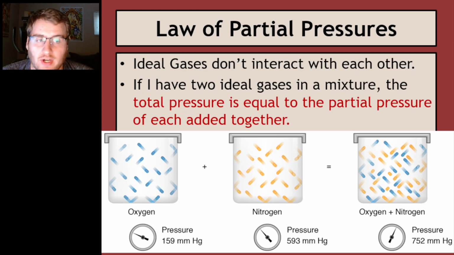Ideal gases don't interact with each other. If you have two ideal gases in a mixture, the total pressure is just equal to the partial pressure of each. And all that means is, if you have an example like this, I have some oxygen gas over here, and I have some nitrogen gas. If I just mix those together, you just add their pressures together. The pressure of this oxygen is 159.